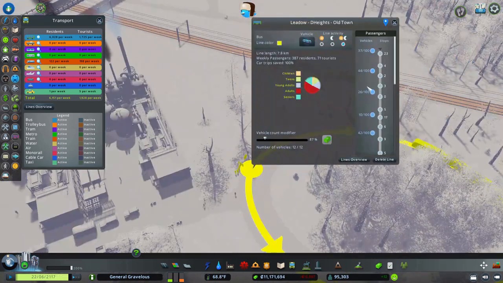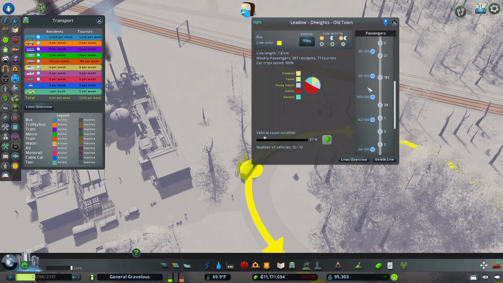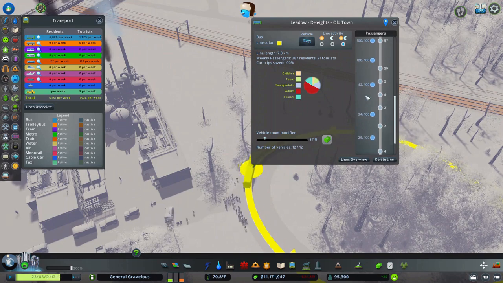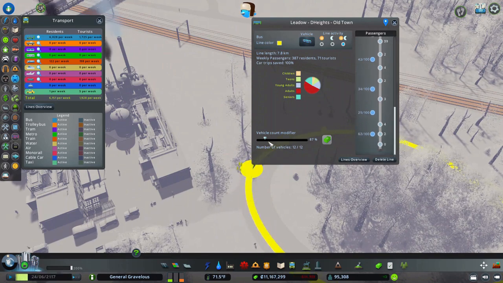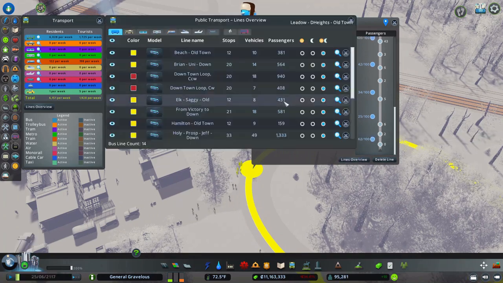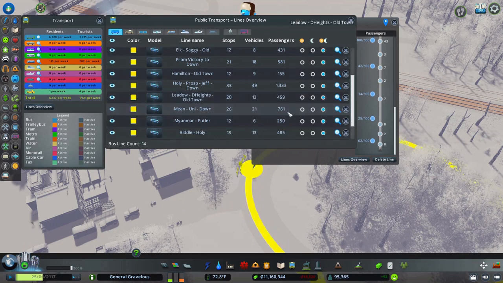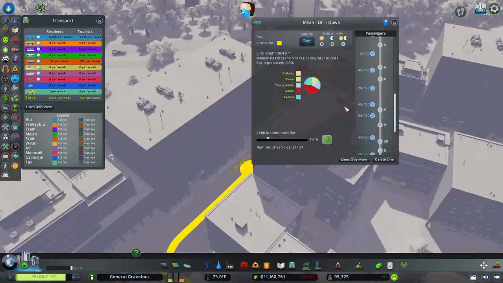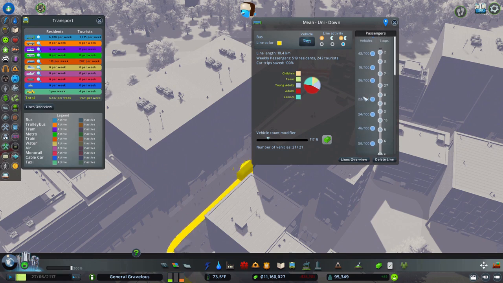Okay, here we do need a bit more. I think one could actually be fine if we just wait long enough. Here we are over delivering at the moment.